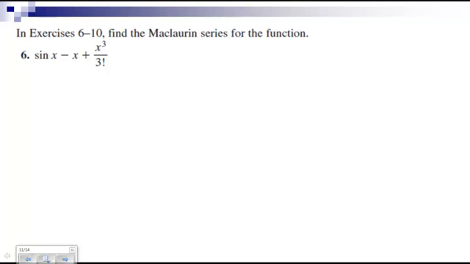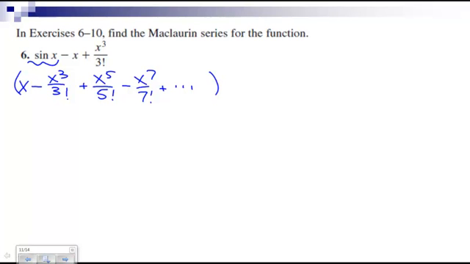Okay. Let me rewrite sine in its Taylor polynomial form. So there's my rewriting. That's exactly what sine is, correct?